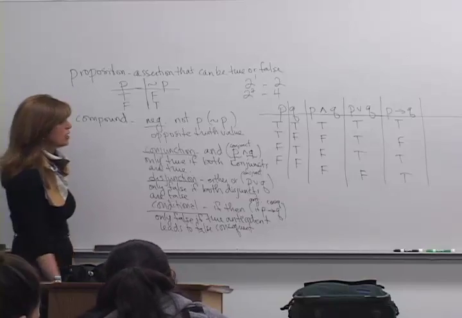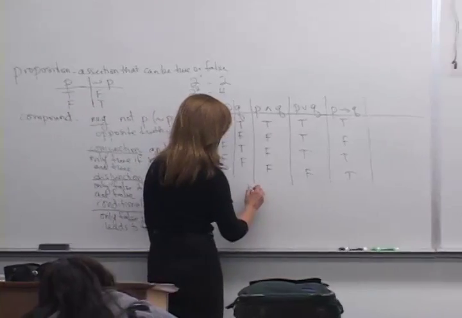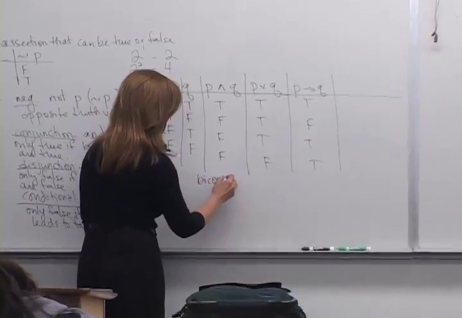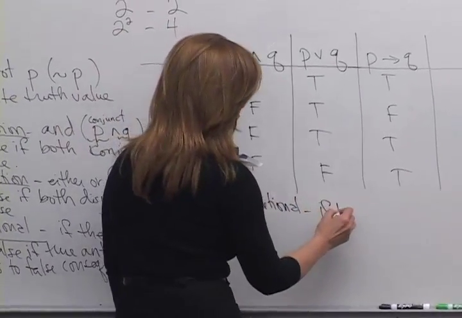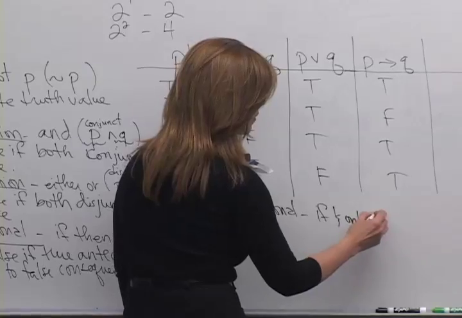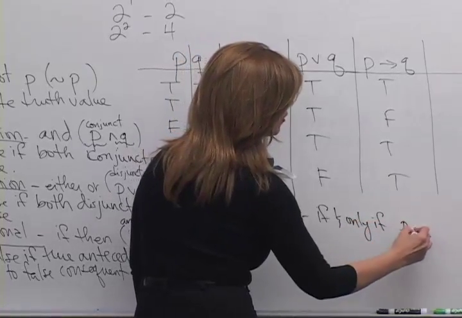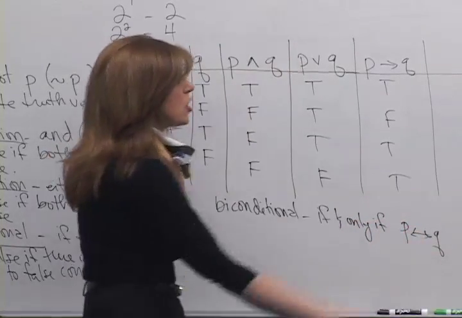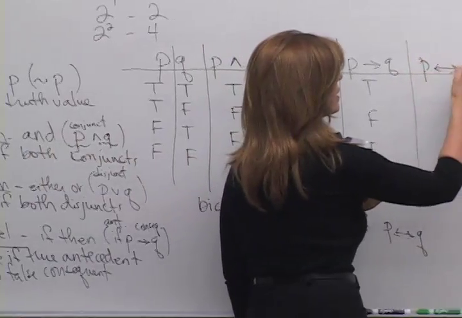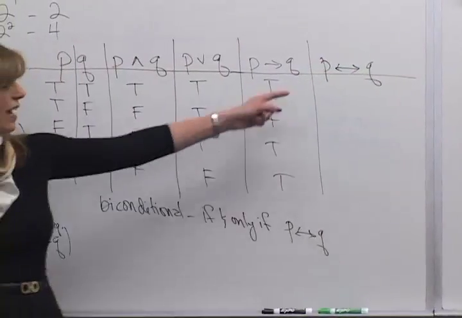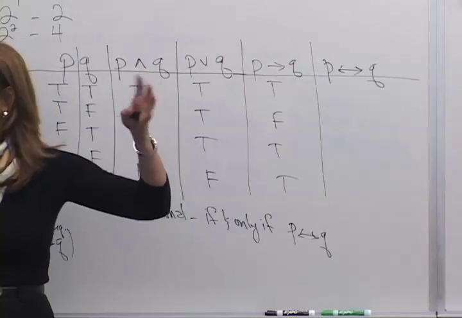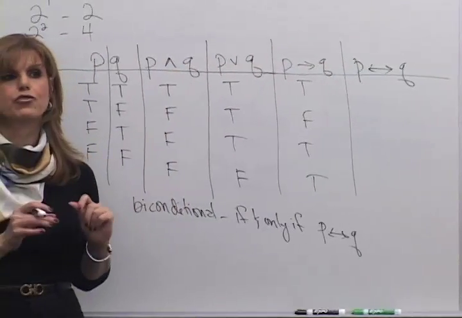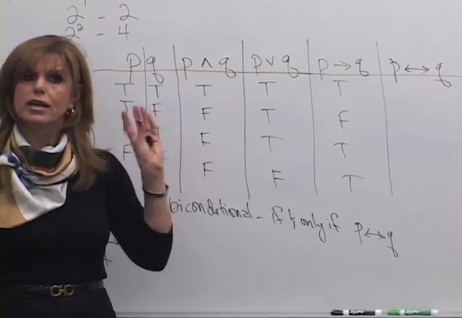And the last rule is the rule of the biconditional. The biconditional, which is the if and only if. P, if and only if Q. So, with the rule of the biconditional, because see the arrows are going both ways, both of the values have to be the same for it to be true. It can be both true, it can be both false.